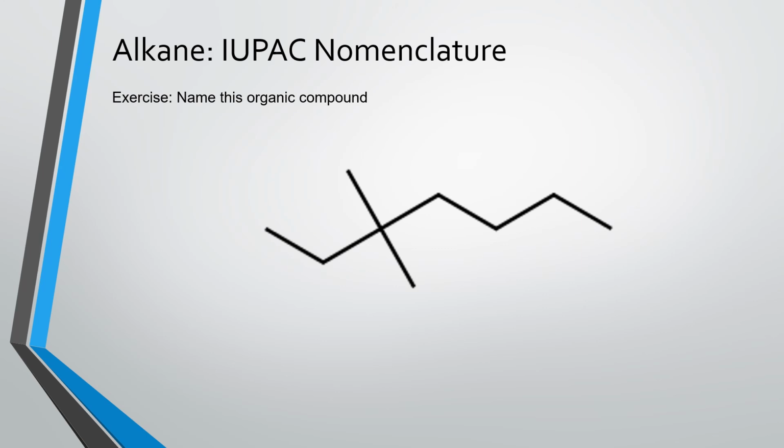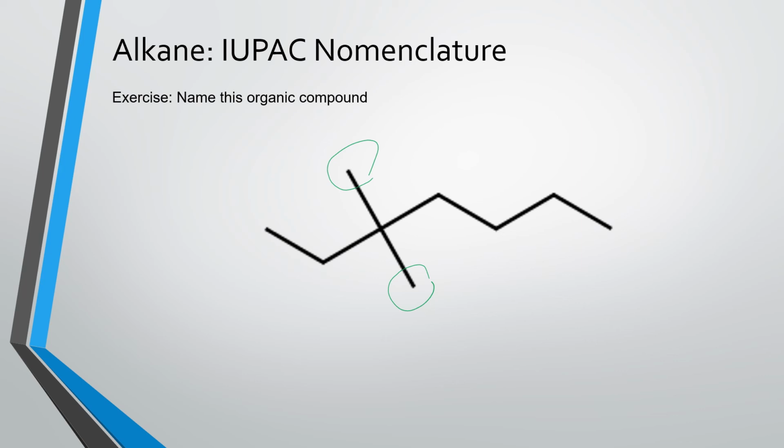Let's have more examples. Try to name this alkane. First is find the longest chain. Nahanap na ba? Saan tayo magsisimula? So, simula natin. Siyempre, ito na yung mga substituent natin.